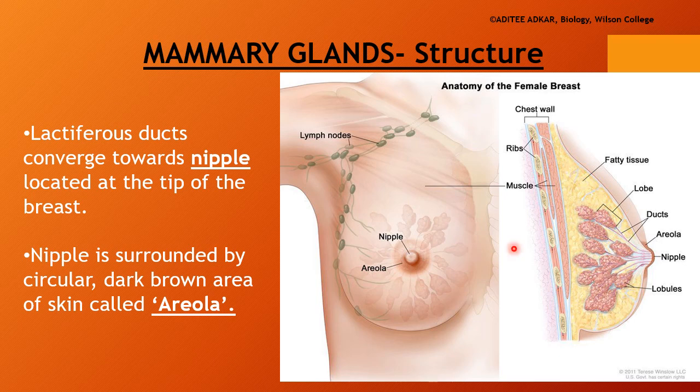The lactiferous ducts all converge to the nipple. The nipple is present at the tip of the breast. See here, externally this is the nipple, and surrounding the nipple is a patch of dark brown skin which is known as the areola. So this is the structure of the mammary glands.